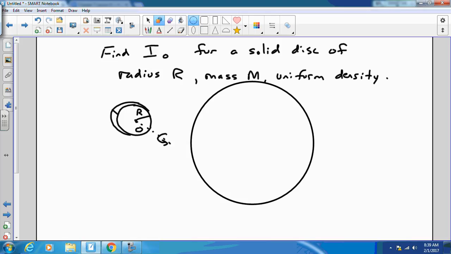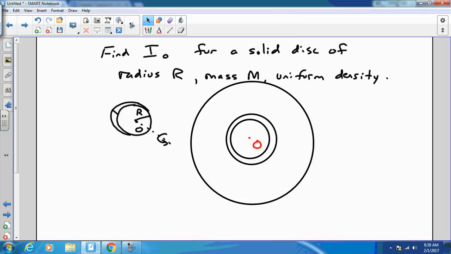So, this is our axis of revolution right here. If I consider all of the points on this thin circular strip right here, every single one of these points has exactly the same radius r from the axis of revolution.